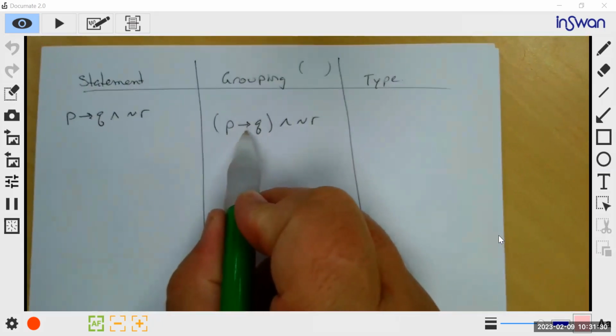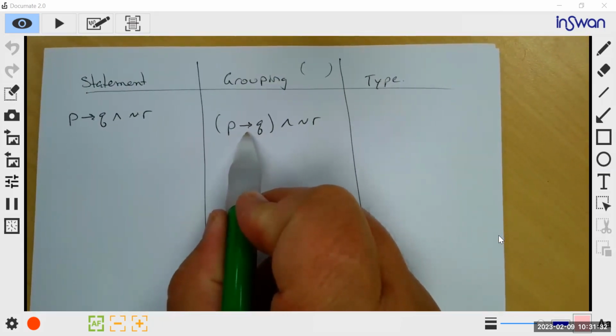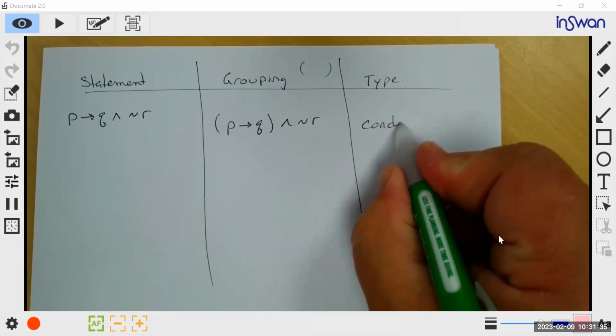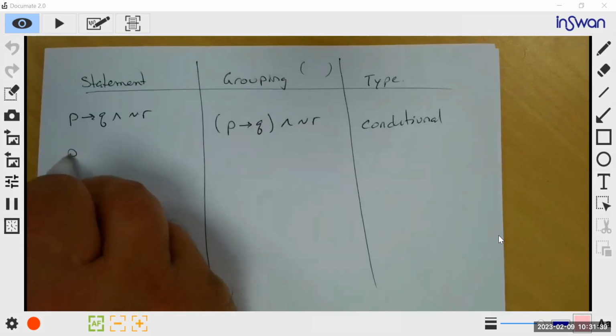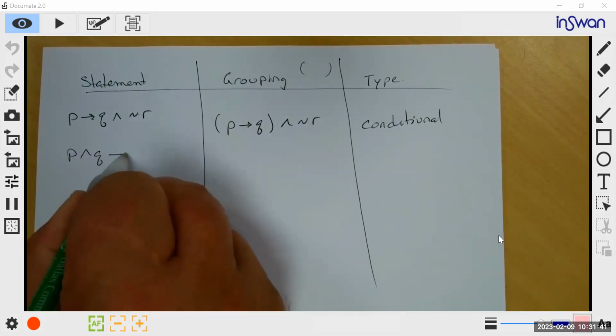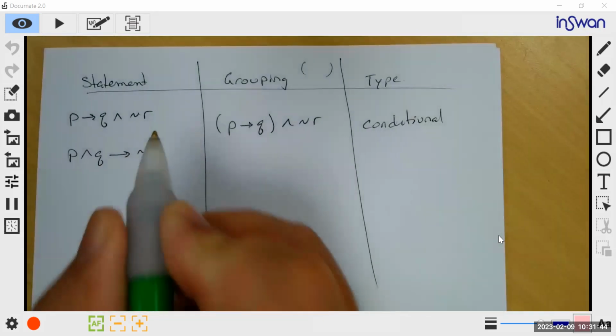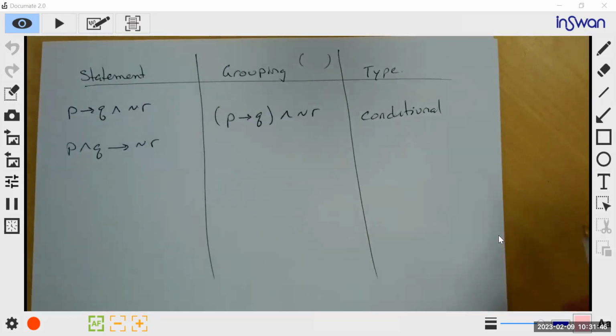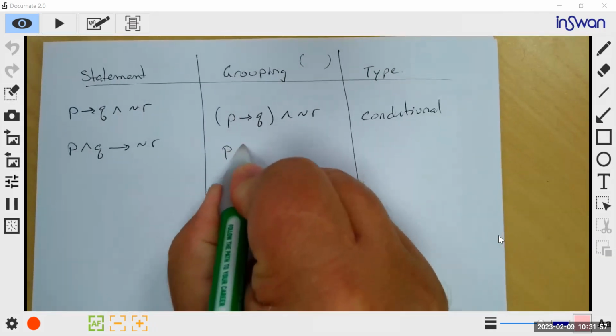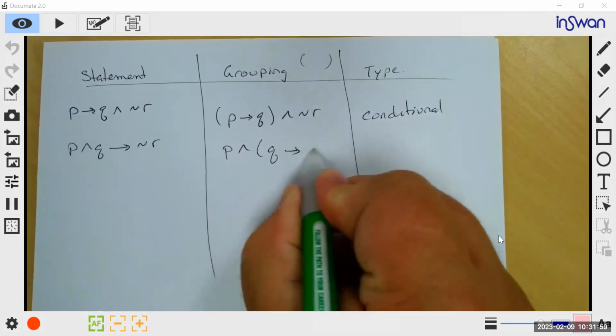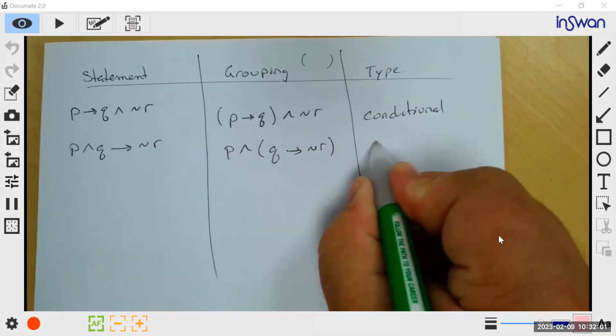What kind of statement is that? Conditional. Now, what would you do first? It's also a conditional.